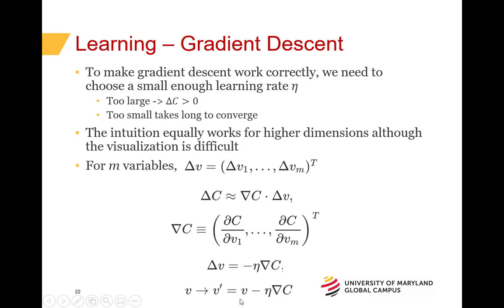You take the difference of v, the original location, and the product of eta and the gradient. So this is the application of gradient descent not just for two variables but extended to higher dimensions.